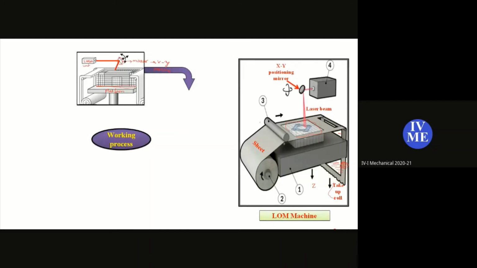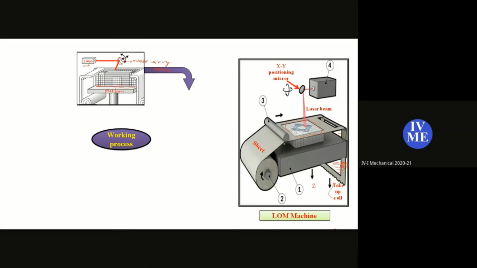First of all, it draws the outline on the sheet, and then it draws and cuts the pattern, and then it cuts the cross hatches. Cross hatches are nothing but cubes, which are used as supporting material.